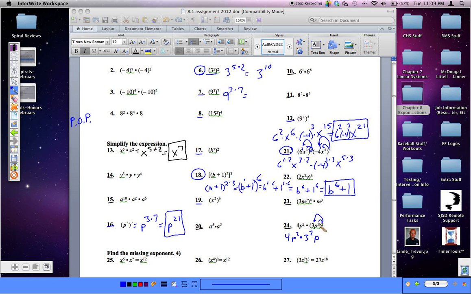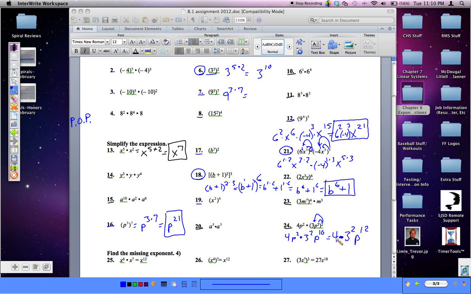I hope you can see that 5 times 2 is 10. Now I have 2 p's plus another 10 p's, I'm going to bring these numbers together. 4 times 3 squared, and all this is multiplying with the total number of p's I have, which is going to be 12.